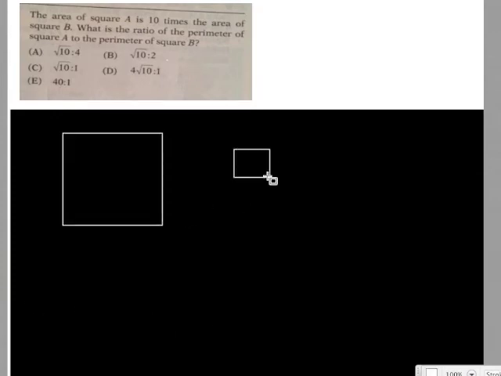I'd like to revisit this question here. The area of a square A is 10 times the area of square B. So if you have your square A, and this is your square B, and this is 10 times. So if I assume that the area here is 1, the area here would be 10, and the sides would be root 10 each way because it's a square, and the sides here would be 1, 1, and 1.